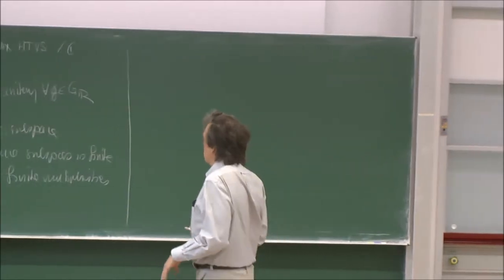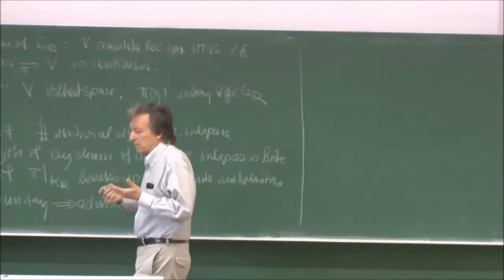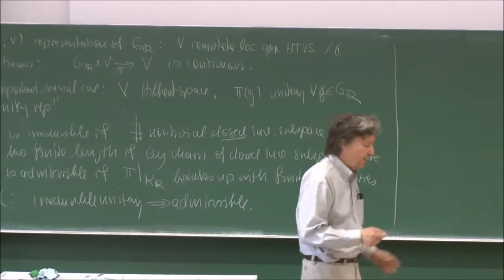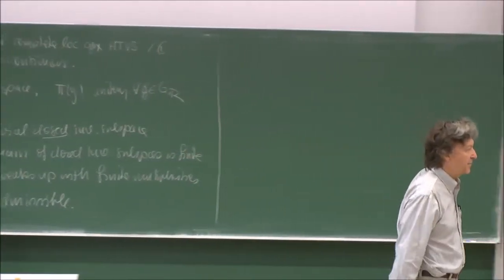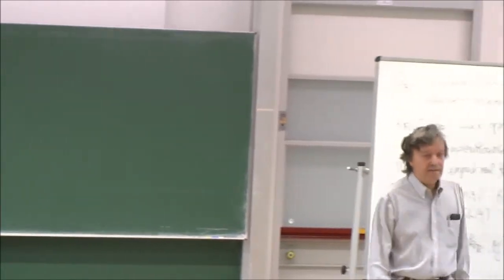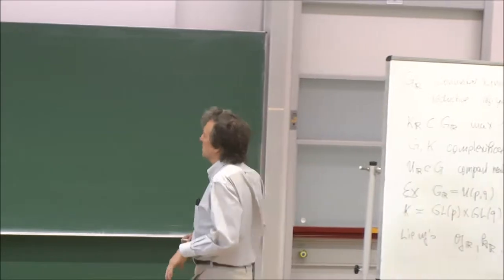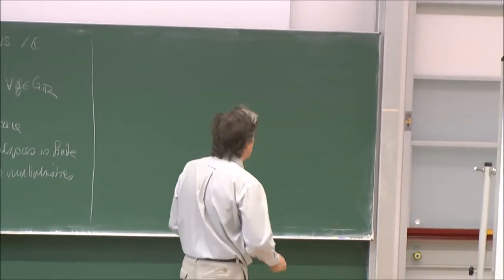So in the infinite dimensional case, in general, there are various ways in which one can try to get the notion of an infinitesimal representation. But in fact, the only situation where this works really well is the setting of reductive groups.